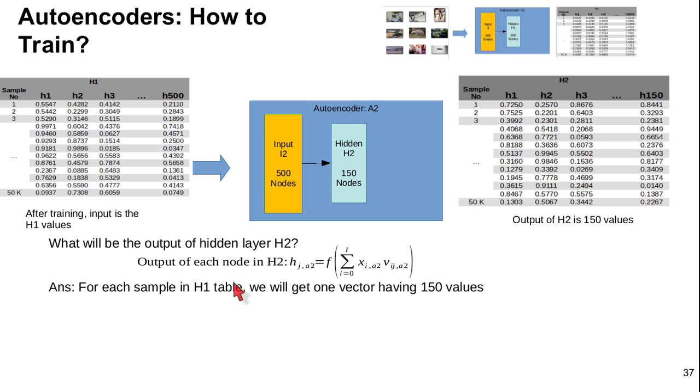So the output of hidden layer H2 would be this equation, where Vij corresponds to the weights of the hidden layer H2 of autoencoder A2. So for each sample in the H1 table, we will get one vector having 150 floating point values.